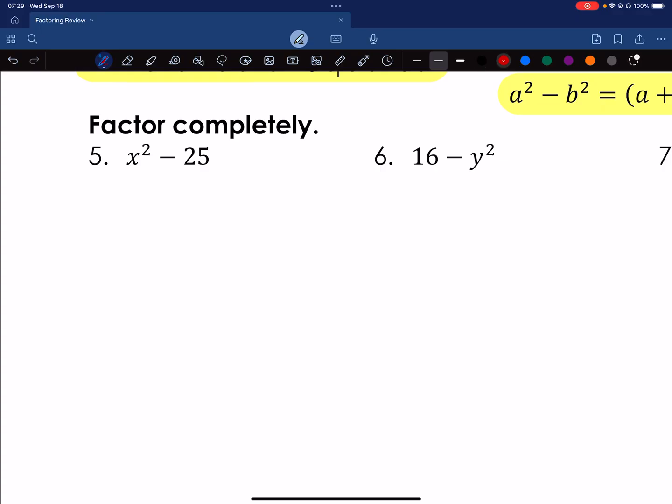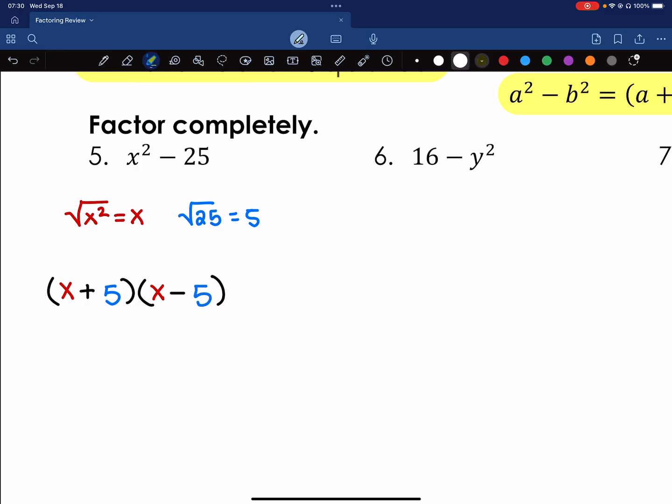X squared is perfect, so we take the square root of x squared, and that gives us x. 25 is perfect, so we take the square root of 25, and that gives us 5. So in our formula, we're going to have x and x, 5 and 5, and then our signs are just going to be 1 plus and 1 minus, and that's it.